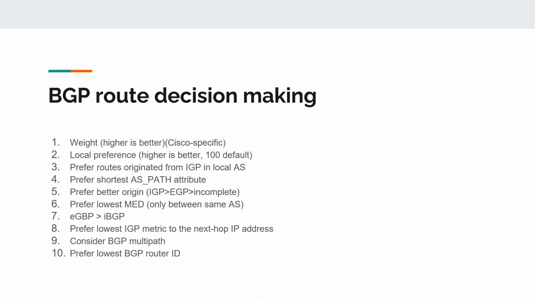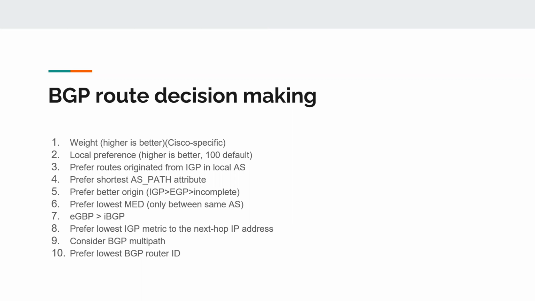And the next one, fifth, IGP is preferred to EGP, and EGP is preferred to incomplete information. Sixth, within the same autonomous system, the lowest multi-exit discriminator is preferred. The seventh means eBGP paths are preferred over iBGP paths.